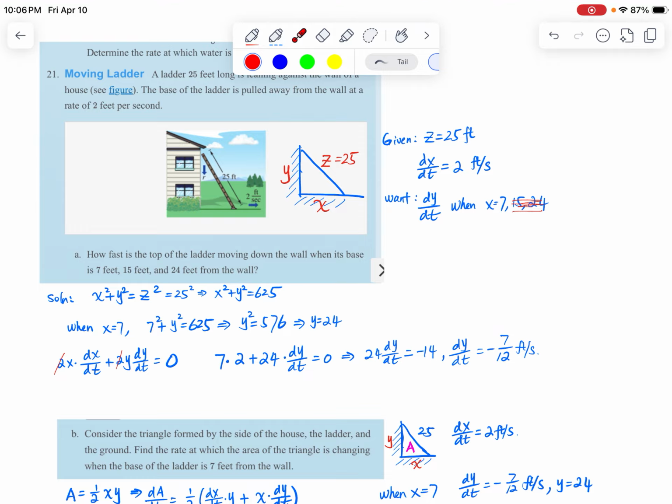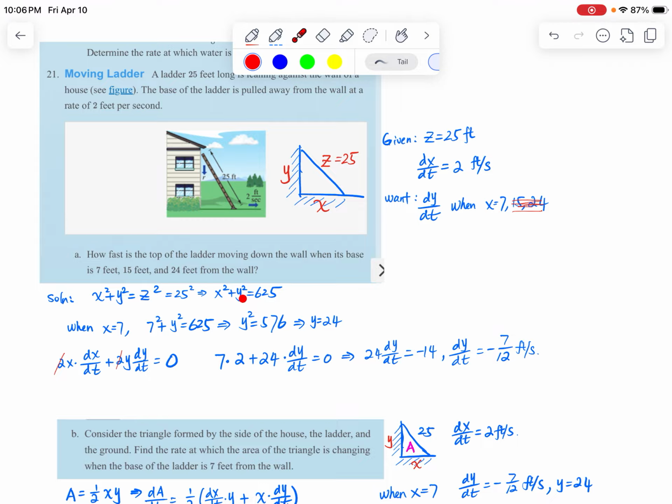When we differentiate, think of x as a function of t, so you have to use the chain rule. It will be 2 times x times dx/dt, plus the derivative of y squared, which is 2y times dy/dt.